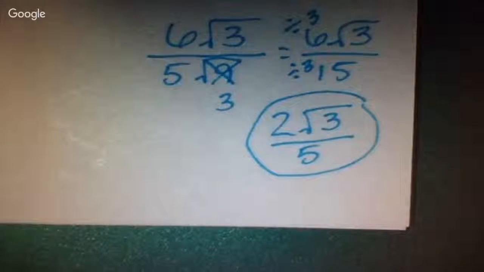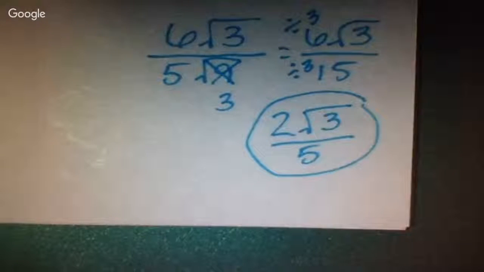Okay. So if you would like to write it this way as well, you can. But let me show you what would happen if you wouldn't have reduced that square root of 4 right away. I still multiply by the square root of 3 over the square root of 3. So this then becomes 3 square roots of 12 over 5 square roots of 9.